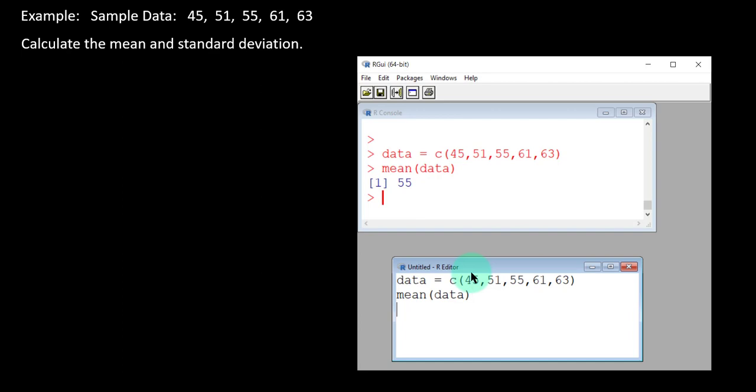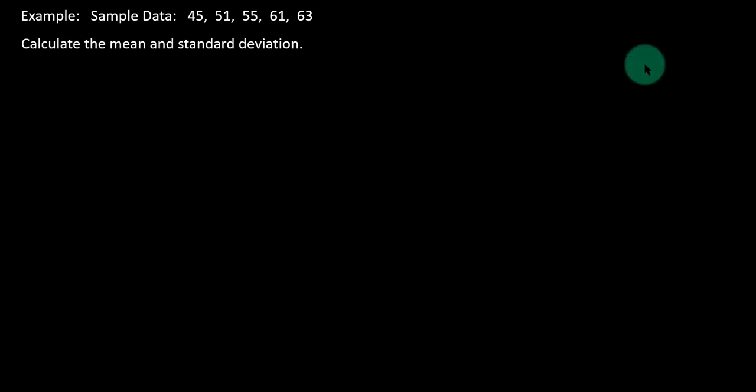I'll also do the standard deviation of data, but not yet. We'll do that when we're done to check our work. So the mean is 55. Write that up here.